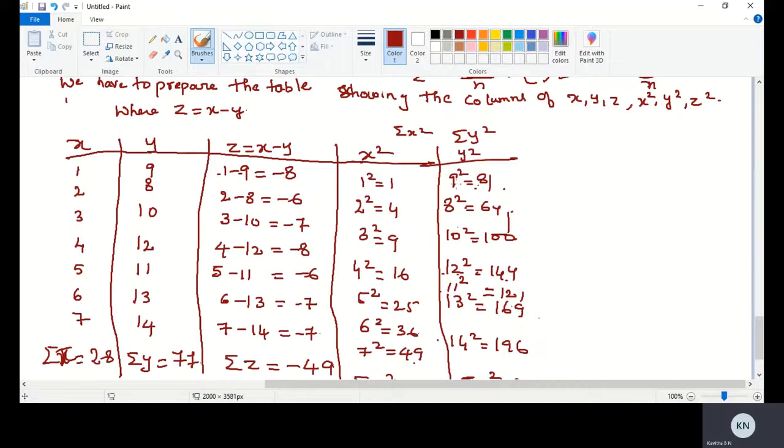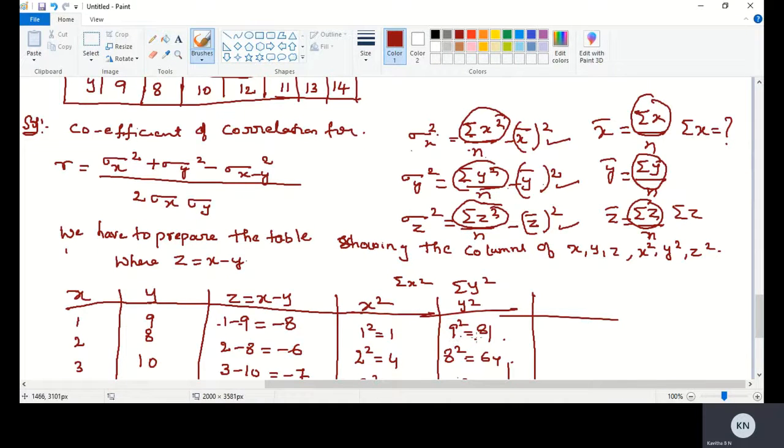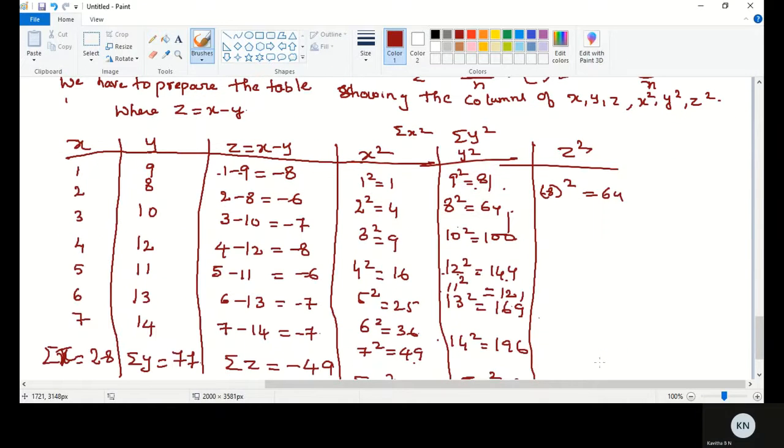Then next, z square. Here, minus 8 square is 64, minus 6 square is 36, minus 7 square is 49.